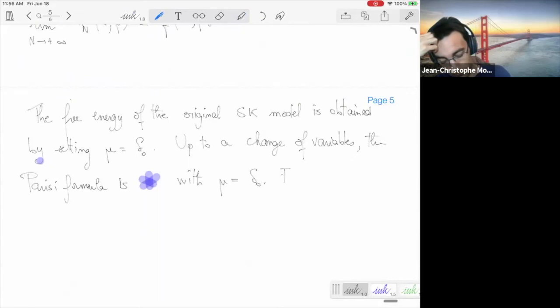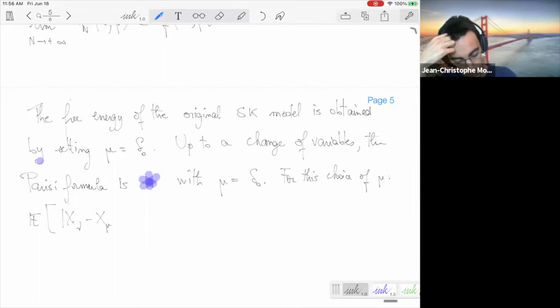So for this choice of mu, when we write the expectation of x nu minus x mu squared, I claim that this guy is 0, and then x nu is just some random variable with law nu.